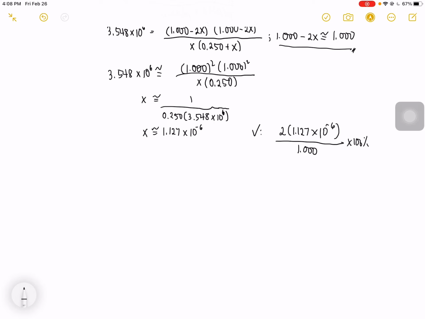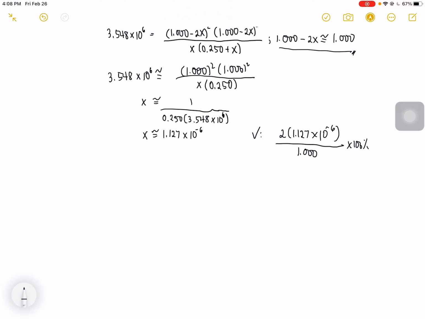If the value of this percent error is greater than 5%, then we know that the approximation that we have made is not a valid one to do, and so we have to solve for the x using a different method.